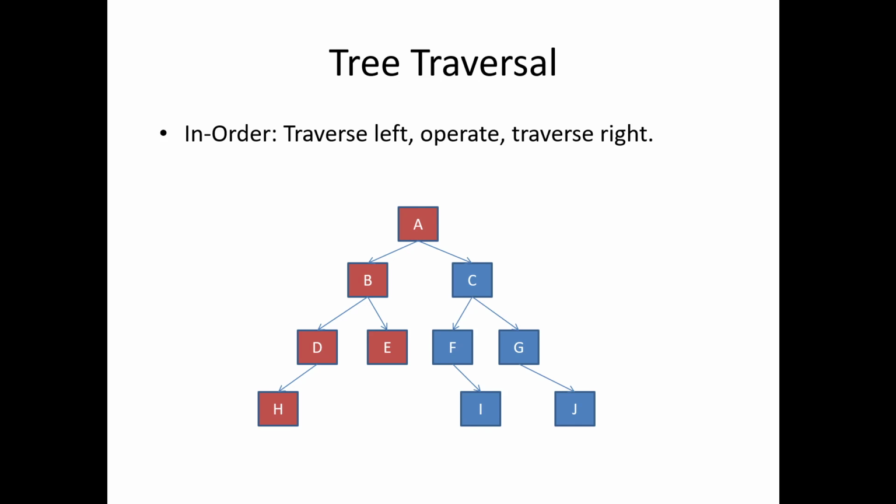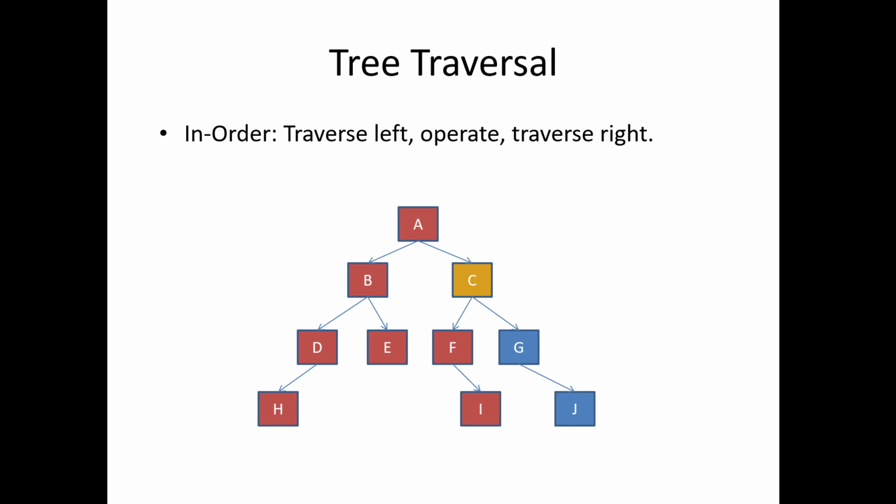It will now call C, and C immediately calls F because it's its left child. F now tries its left child, does not exist, so it does operate and output F. It will now traverse to I, and again I has no children, so it will try its left, operate, that is output, then try its right and recurse back.